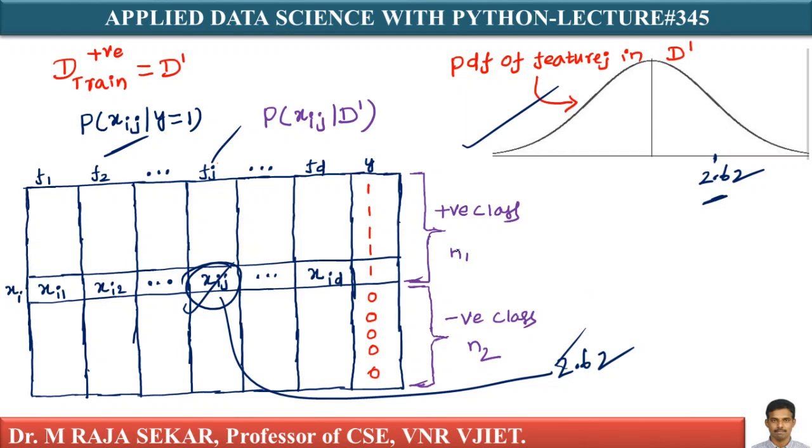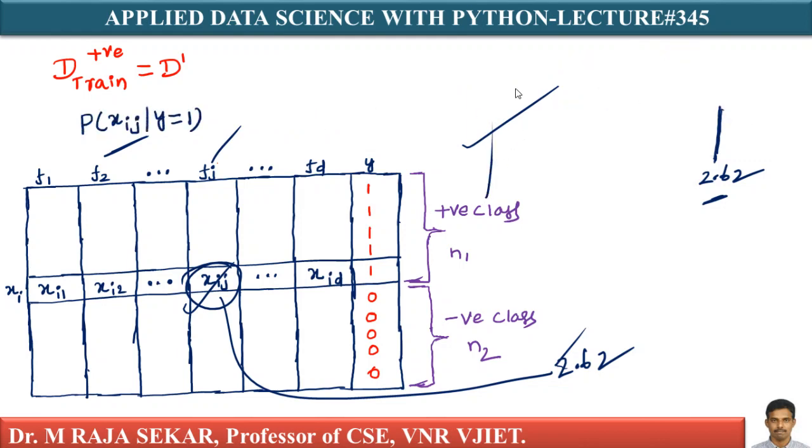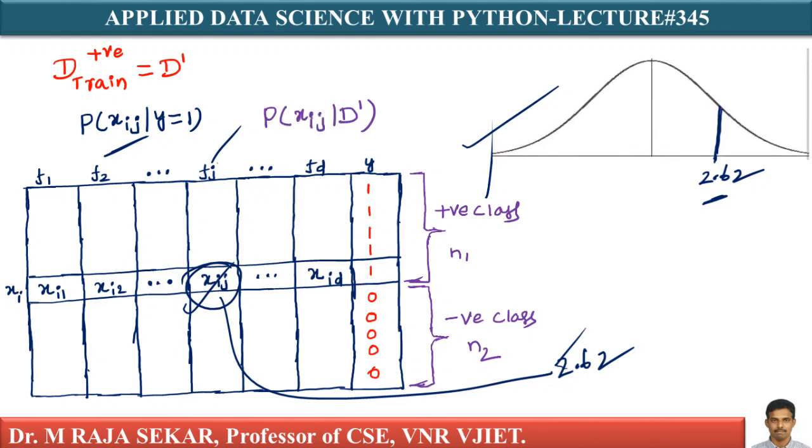Now this has a probability. How can I find it? If this is the x-axis and this is my y-axis, I can always find the corresponding height here.